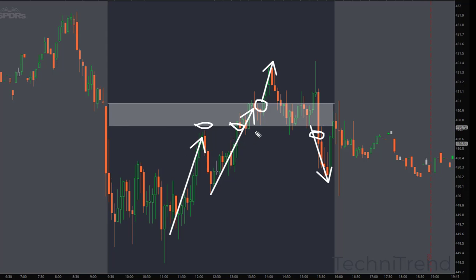But because of this magnetic effect that I mentioned before, I will be very careful to take my profits as soon as I see some weakness in the price in this case, or some strength in the price in this other case, because of this magnetic effect.